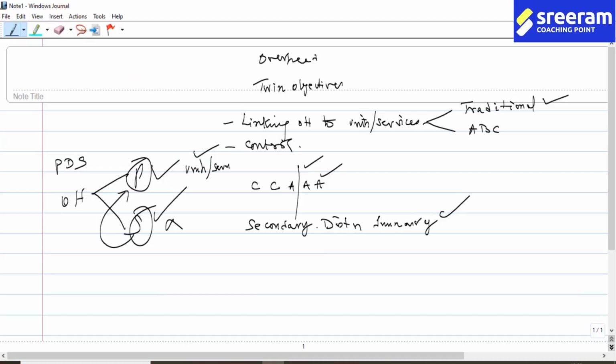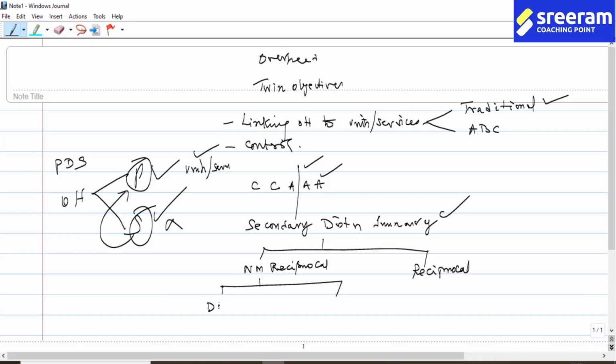Here we have two primary methods: non-reciprocal and reciprocal. Under non-reciprocal, one is the direct method, and the other is the step-down or step-ladder system.